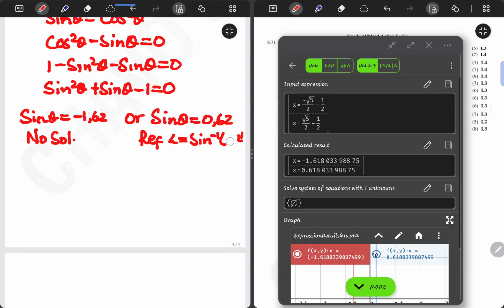Okay, need to write well. Ref angle, second function 0.62. The answer here will be to 2 decimal place.